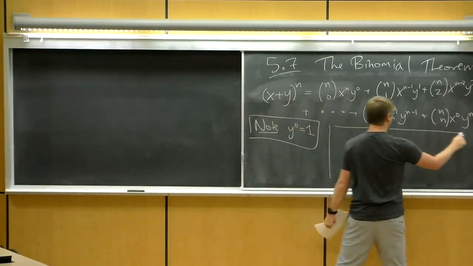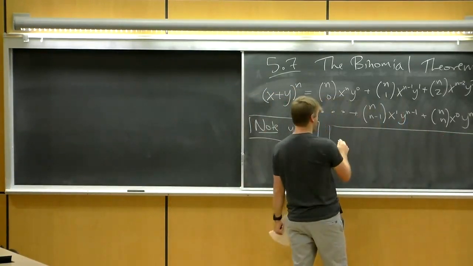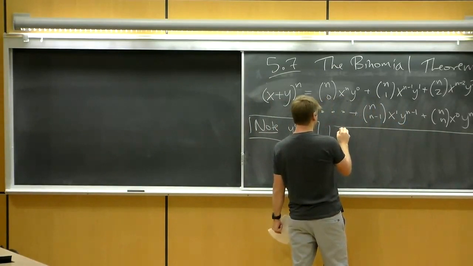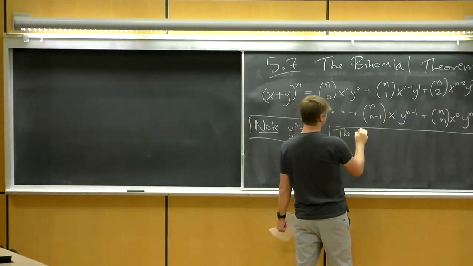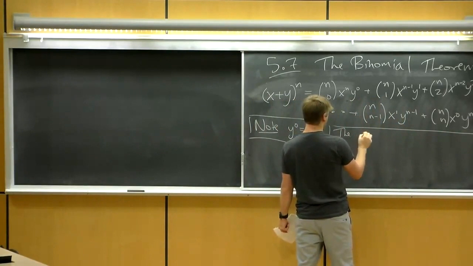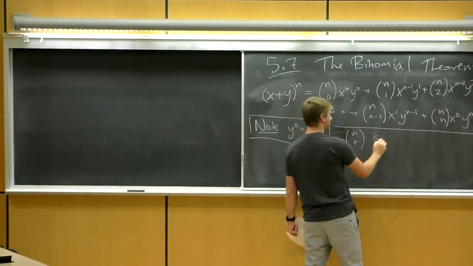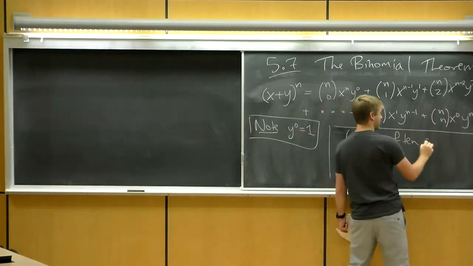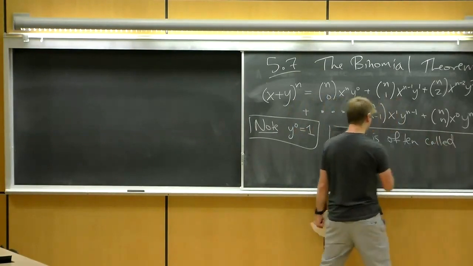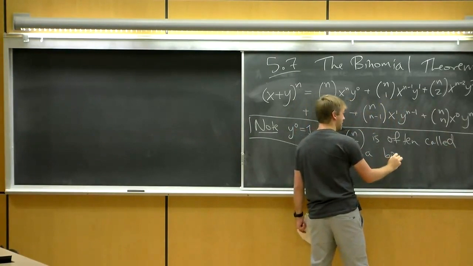For this reason, because of the binomial theorem, the numbers n choose r are often called binomial coefficients.